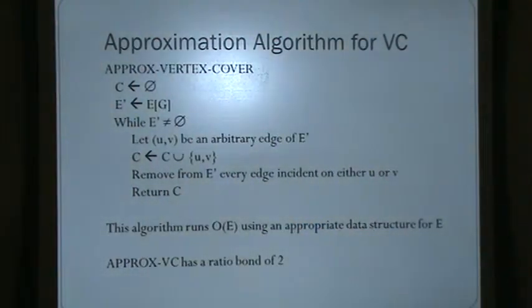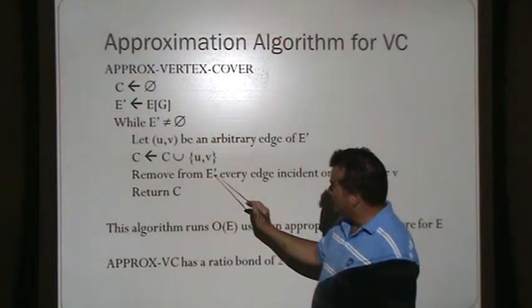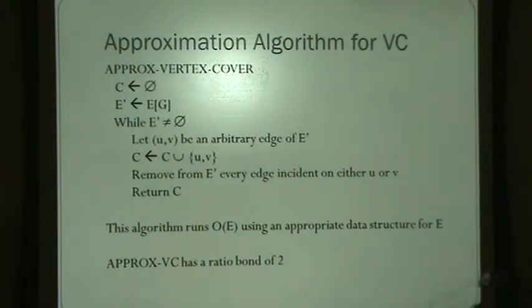We're trying to find not the minimum vertex cover, but a pretty low number of vertices in a vertex cover. We add that edge's endpoints to our answer, and then we remove from E prime any edge that is connected to U or V. And then we return C.